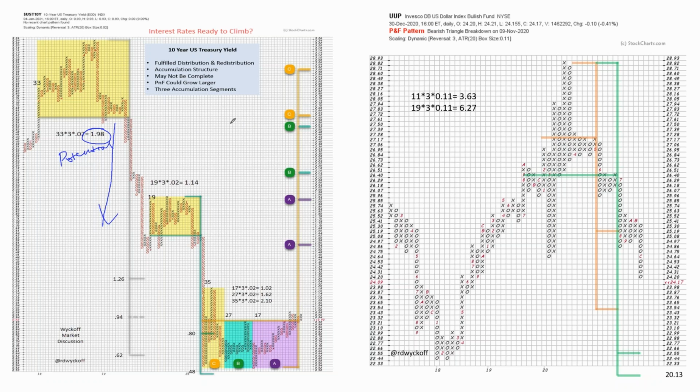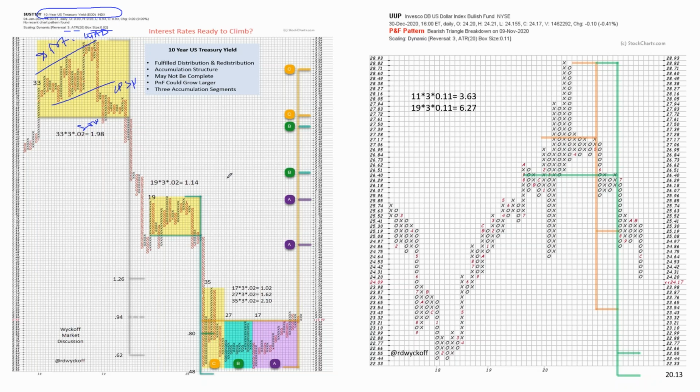Well, here, this chart on the left is, and you can do point and figure on just about anything, 10-year Treasury yields. Look at this, in 2018, 2019, a distributional pattern. Distribution means this data series represents the potential for falling interest rates.